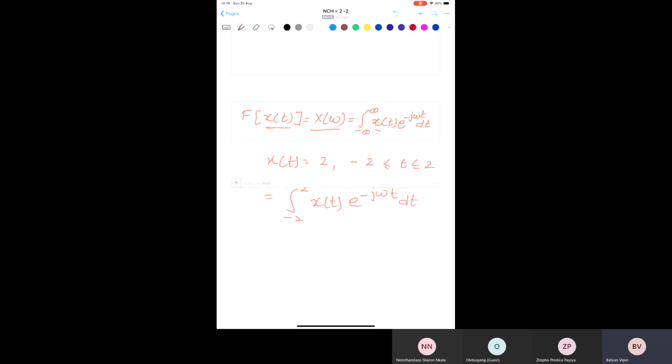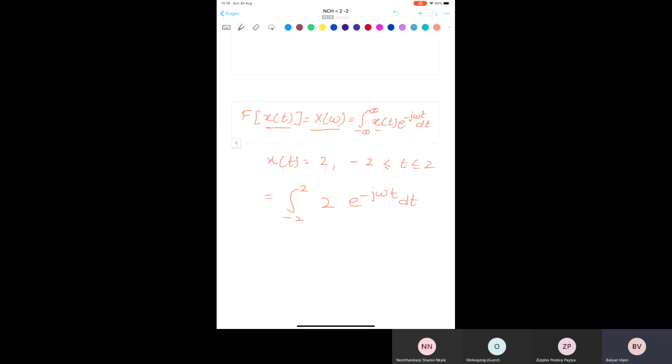Now what is your x of t? x of t is 2. So you will write 2 here, and then you will integrate it using these limits. So this is the way you are doing your Fourier transform.